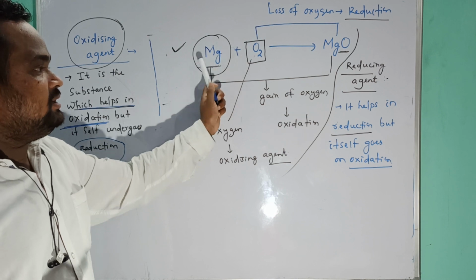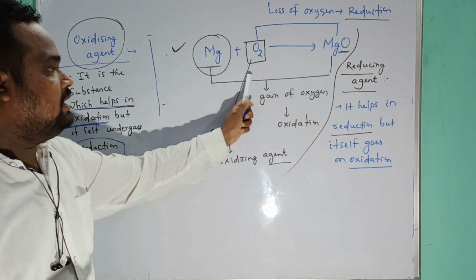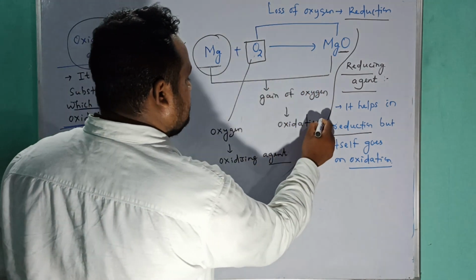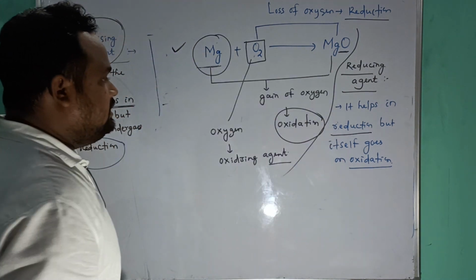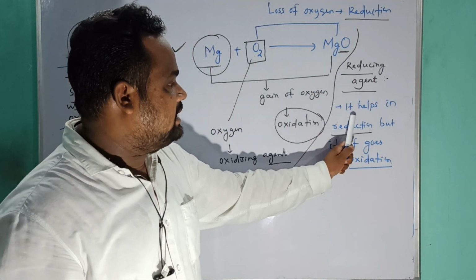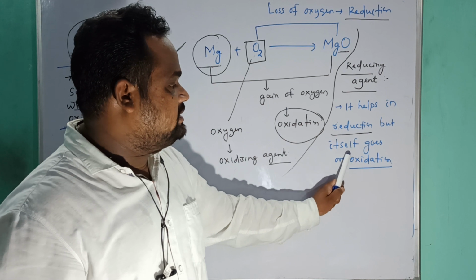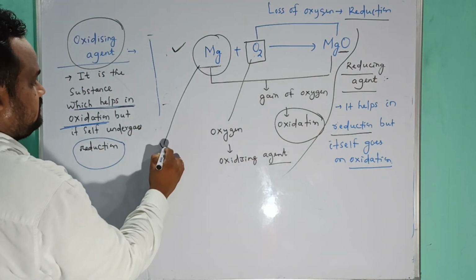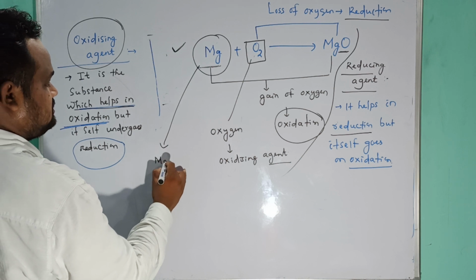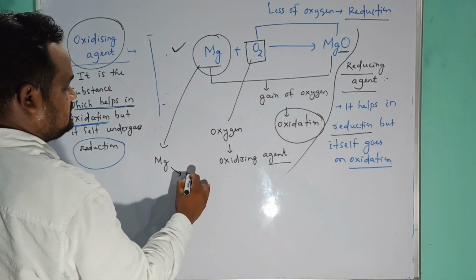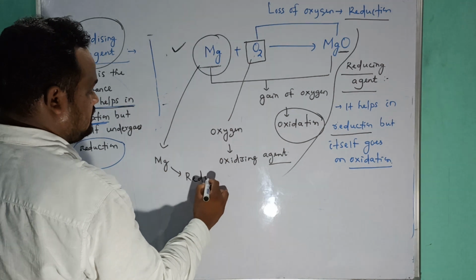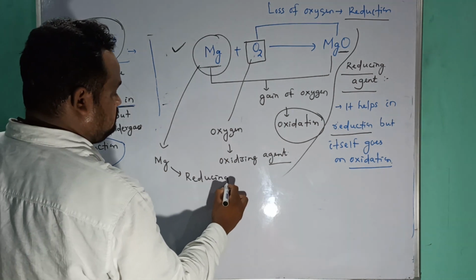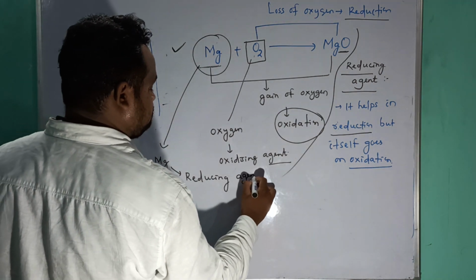So it helps in reduction. खुद का क्या होगा? देखो खुद का क्या हुआ है? ऑक्सीडेशन. Reducing agent means help in reduction, but itself goes on oxidation. So this magnesium is your which agent? Reducing agent.